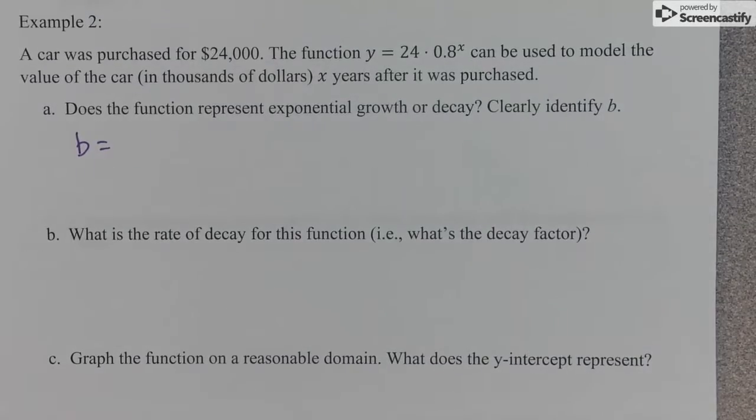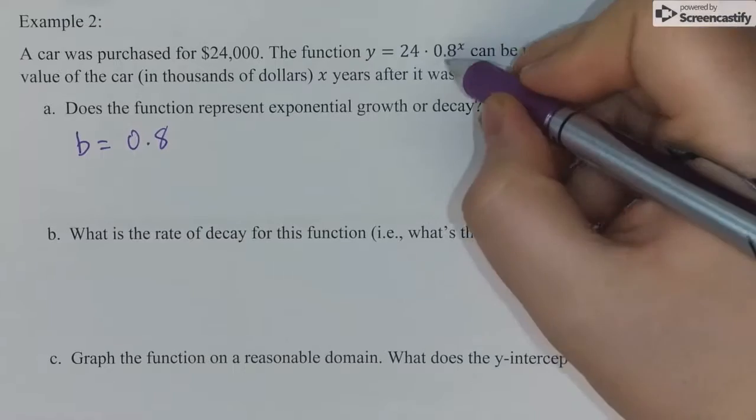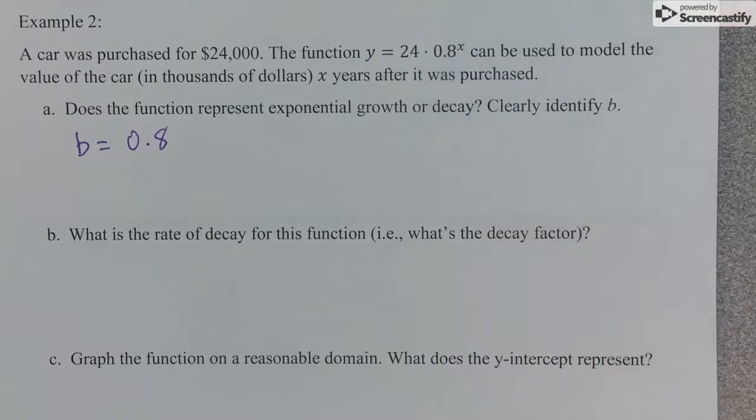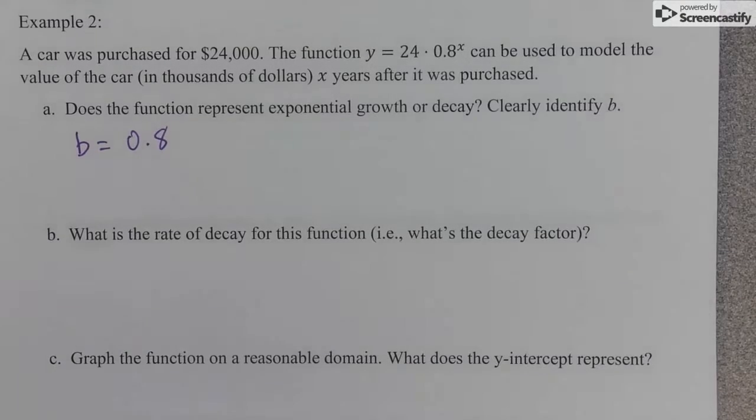So b is 0.8 because your 0.8 is your base and x is your exponent. So that's your b. So b is 0.8. 0.8 is in between 0 and 1.